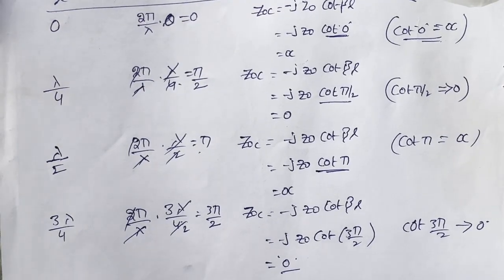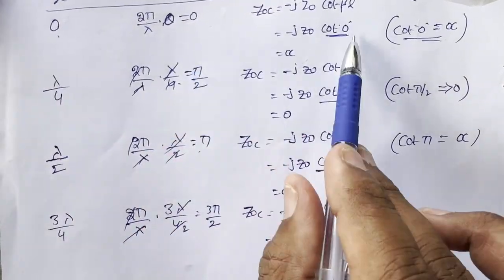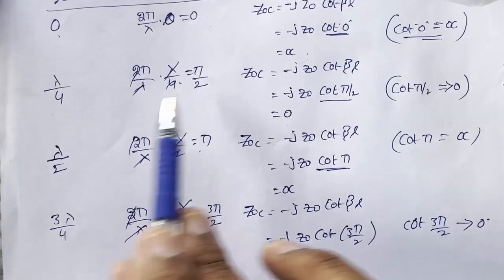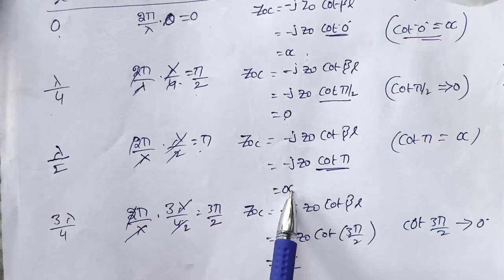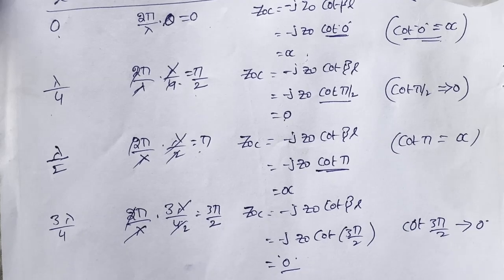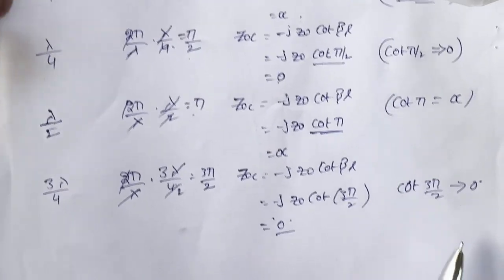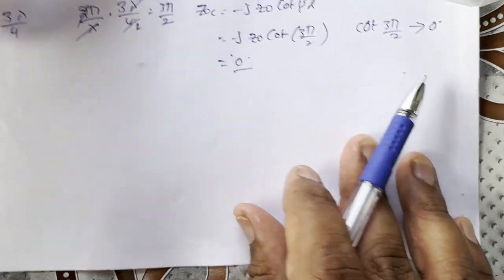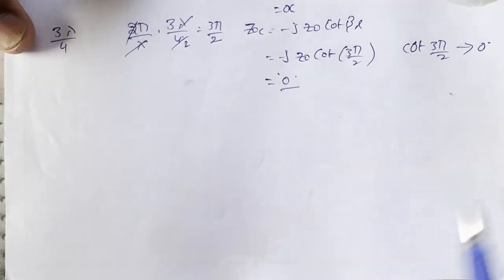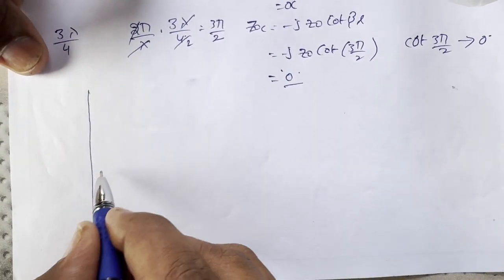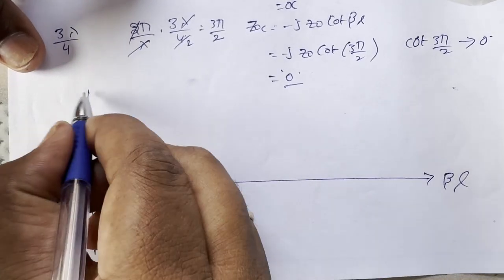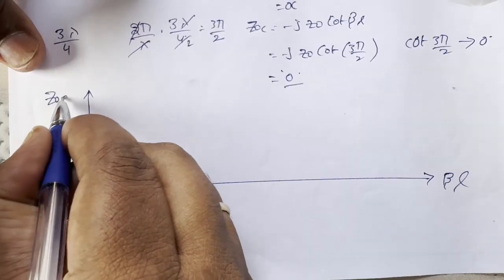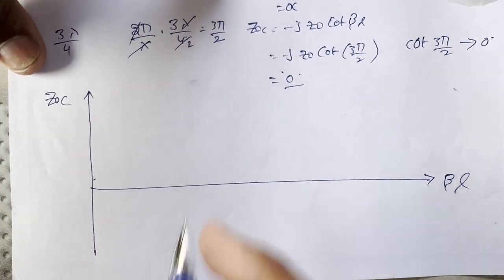Now with these values: 0 gives infinity, lambda by 4 (pi by 2) gives 0, lambda by 2 (pi) gives infinity, 3 lambda by 4 (3 pi by 2) gives 0. With this we have to draw the plot. On the x-axis is beta L, on the y-axis ZOC, for the open circuited transmission line.